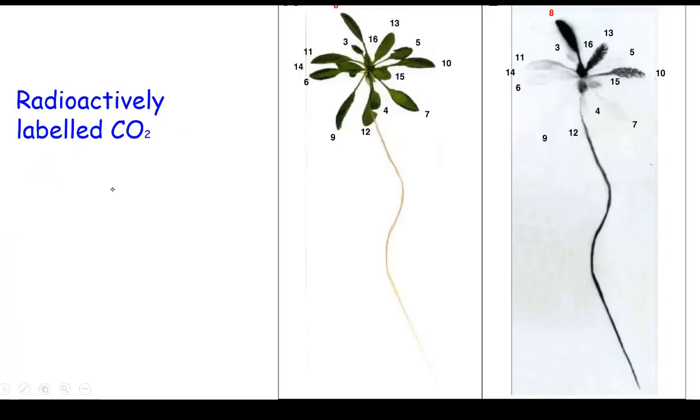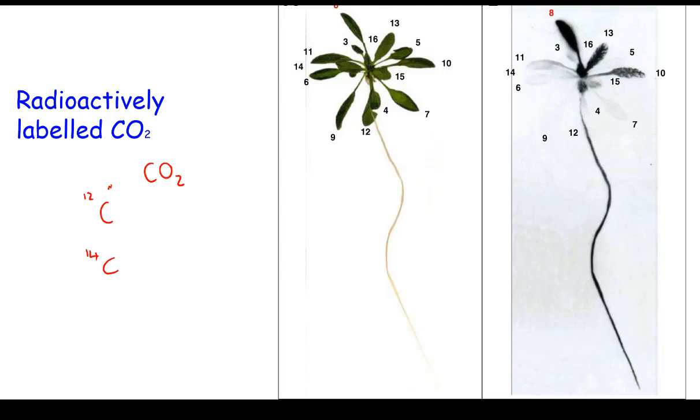This is really clever what they do. They basically take a leaf here, and instead of using normal carbon dioxide, which uses the carbon-12 isotope, they use the carbon-14 isotope, which is radioactive and will show up under X-rays.